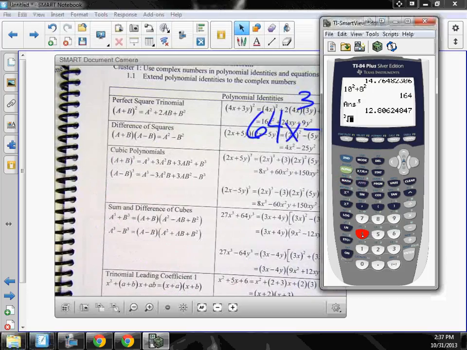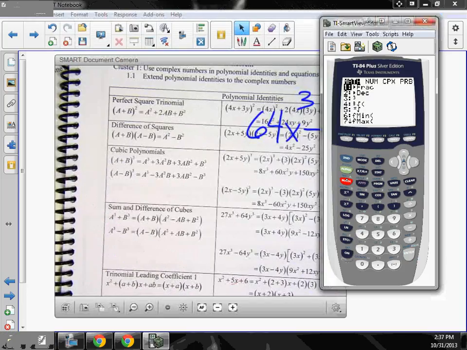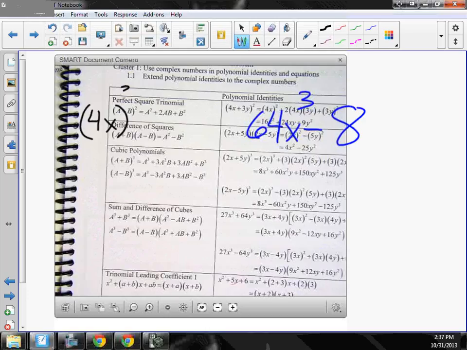Third root of 64 is 4, so that one works. And then we could do the third root of 8. That one works. So this is 4x to the third minus 2 to the third.